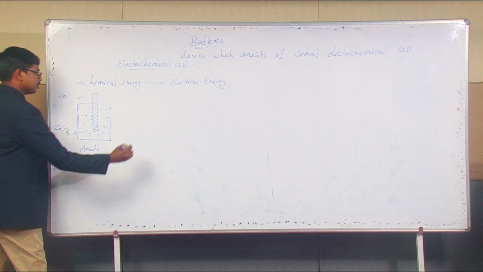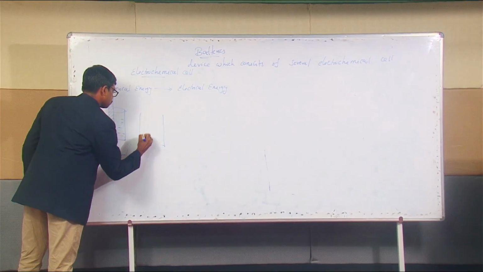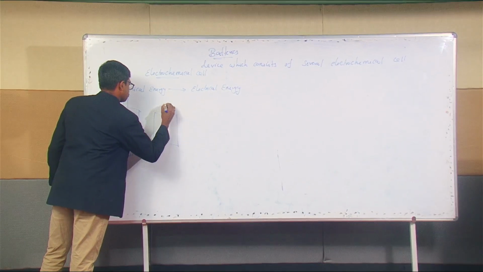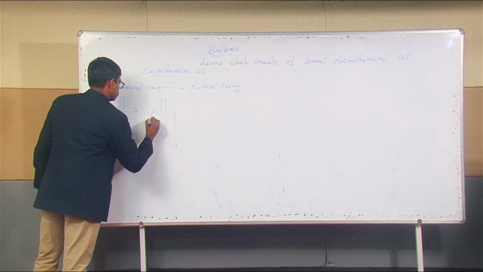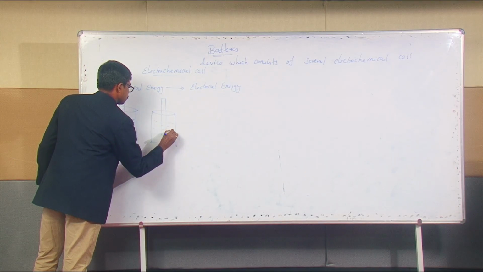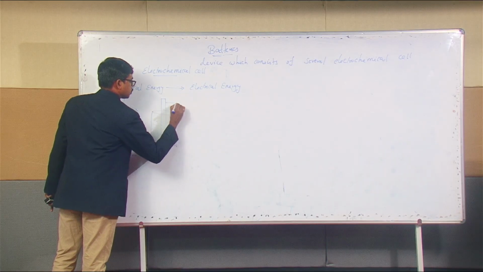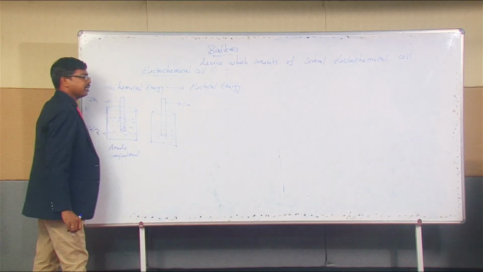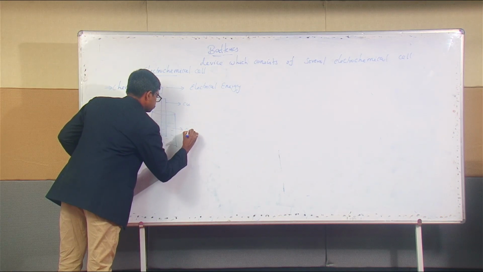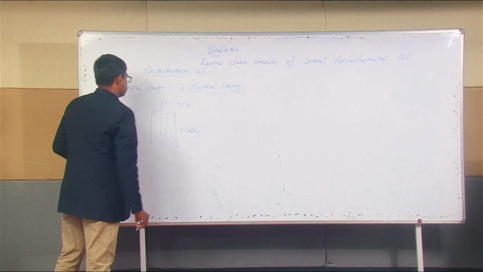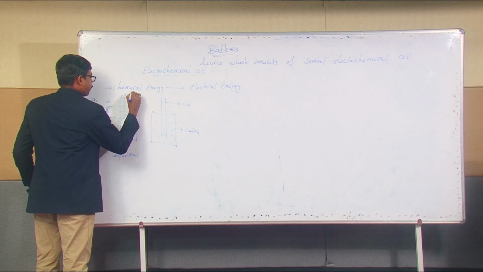This is another half cell, for example copper, dipped in its own salt solution, copper sulfate. These two half cells are connected by an external circuit via a voltmeter.